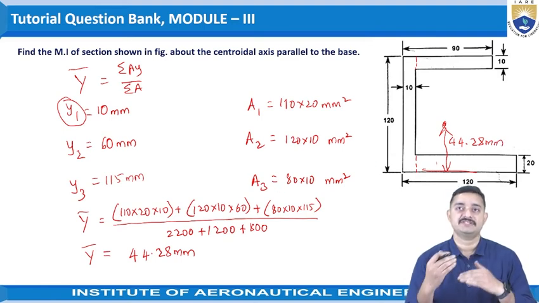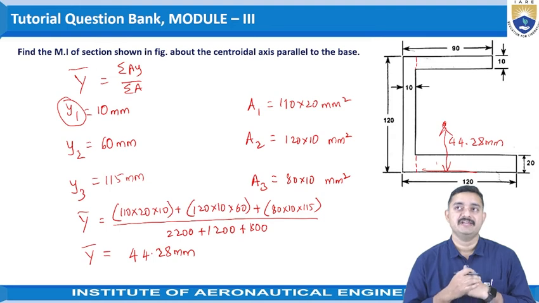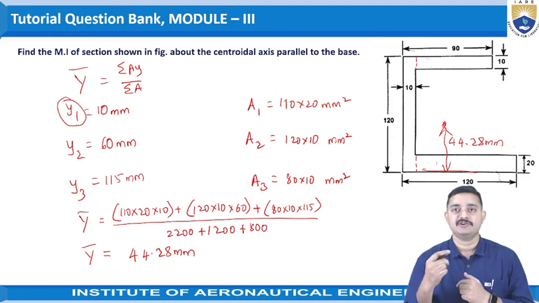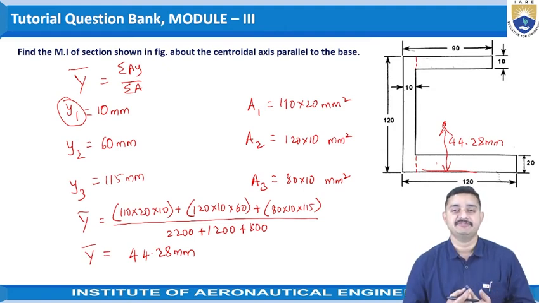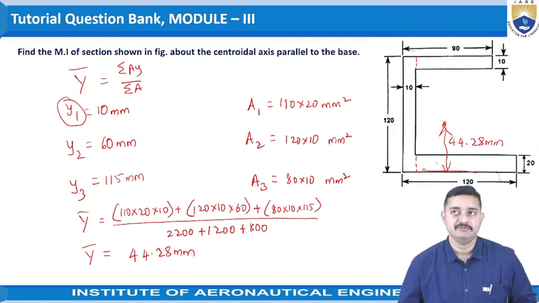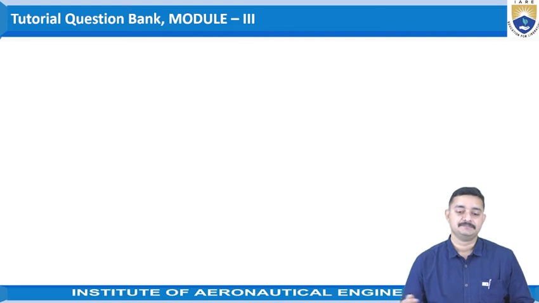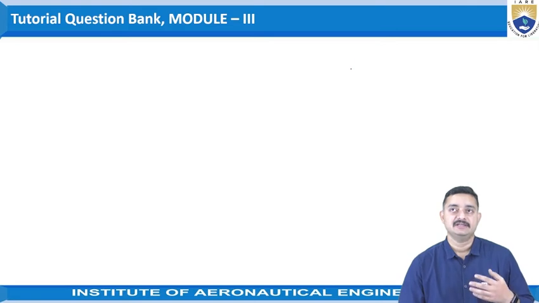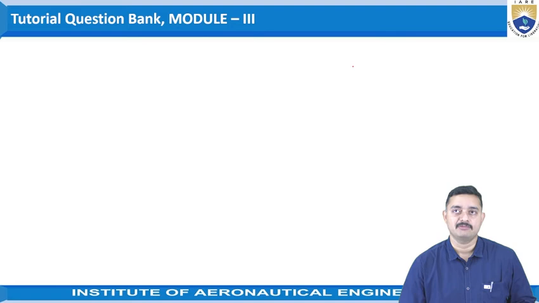This is the first stage of the problem, where we have identified the centroid of the given C-section. Now, as the next stage, we will start to identify the moment of inertia. So before the moment of inertia process is started, let us first identify the terms which are needed for substituting in the formula.